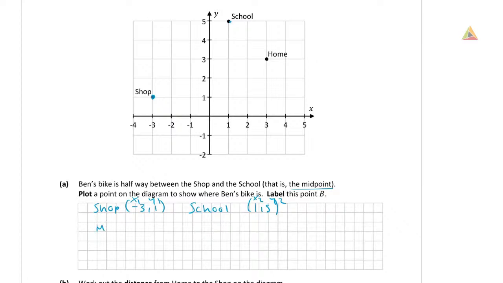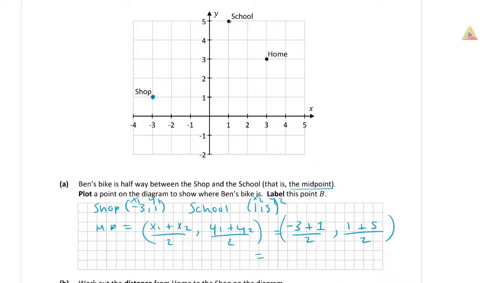Okay, so the midpoint is x1 plus x2 over 2, y1 plus y2 over 2. In this case, x1 is minus 3 plus x2, which is 1, over 2, and then y1, which is 1, plus y2, which is 5, over 2.